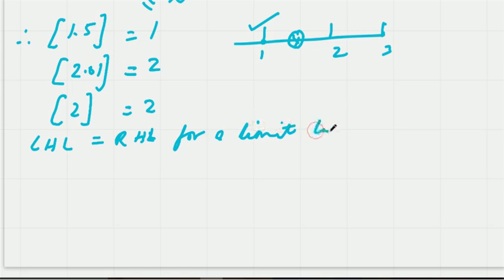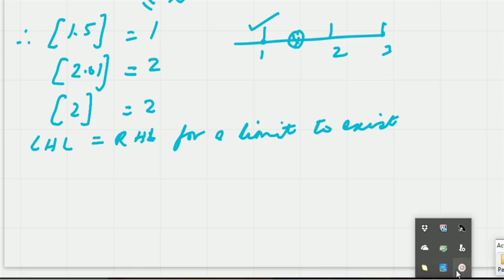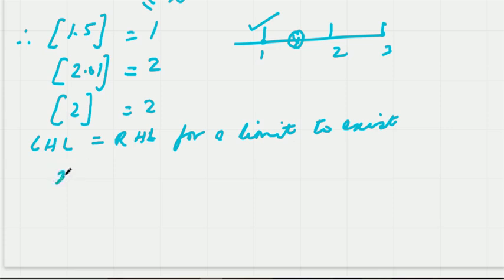Now let us see what is the value of the greatest integer of x when x tends to 0.